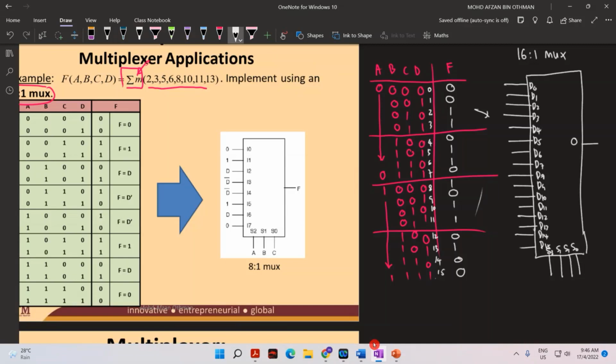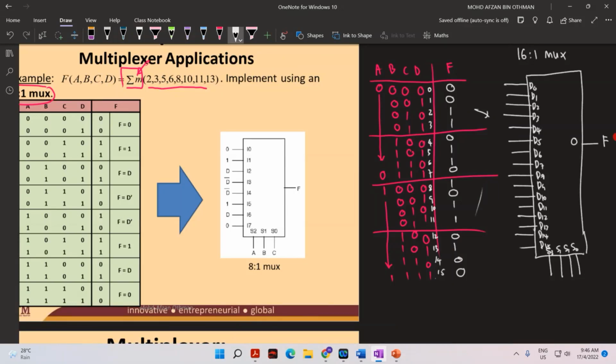So how to do that? Mula-mula kita buat output dulu lah, output paling senang nak dapat markah. So this O here, kamu mesti sambung kepada F. So you put F kat situ.